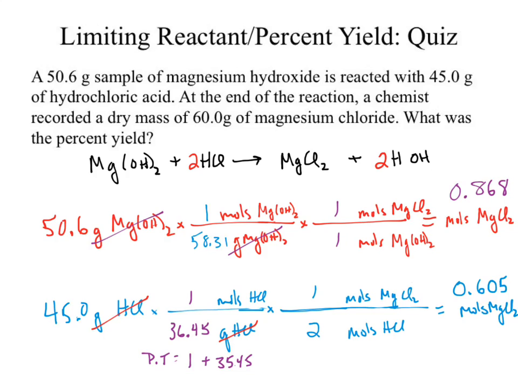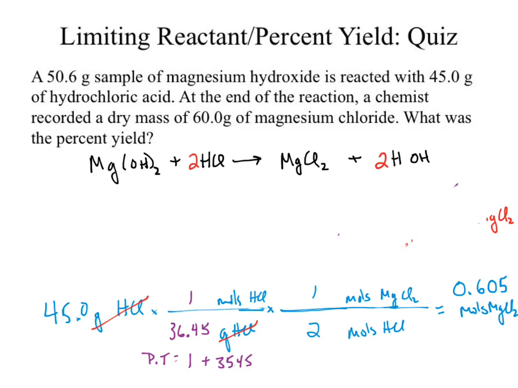Okay. Which one generates our smallest yield? Our hydrogen chloride, or HCl. So that means all of that work that we did for that conversion, oh, so unfortunate. But we needed to do it to prove that HCl was our limiting reagent.